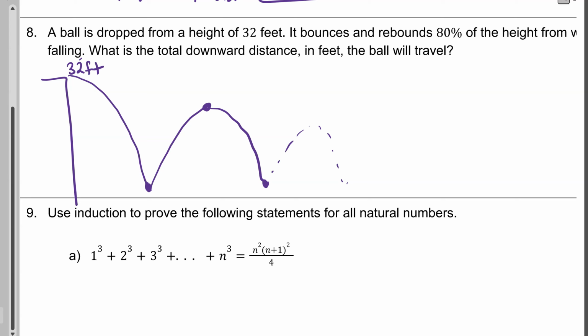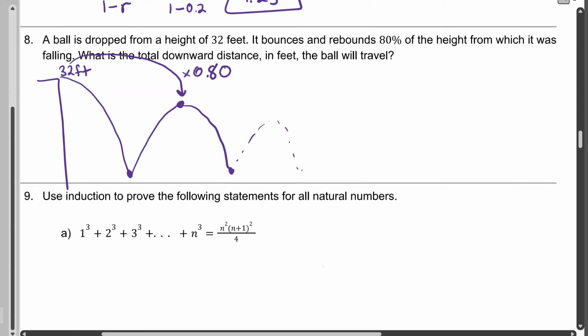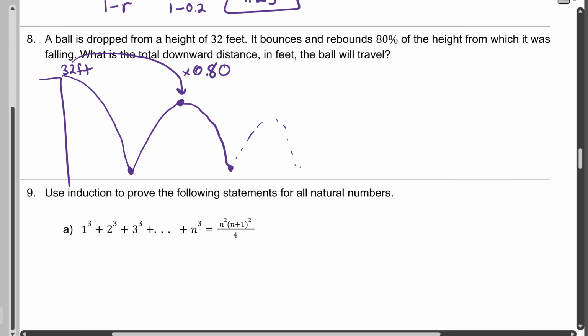So to get from this height to my next downward height, I would just multiply by 0.80 or 0.8, right? That's how I get 80% of a number. So this is representing a geometric series, but you might notice that it hasn't told me how many terms to sum up.